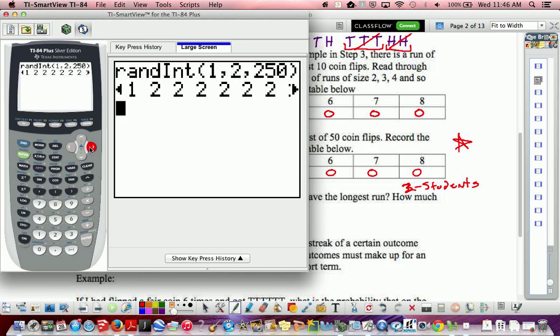How many 2s so far? 6, 7, 8. So we just had a string of 8 right there. Ooh, look at our 1s now. 2, 4, 6, 7. That's 7 of them. 8, 9, 10, 11. Just had a string of 11. Okay? I know I get excited about this. So we had a string of 9 and a string of 11 already.